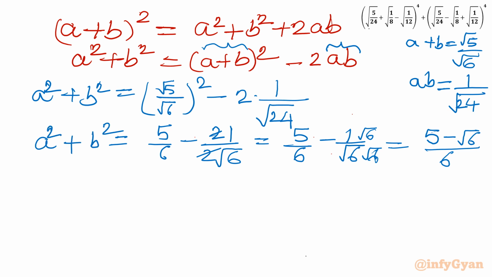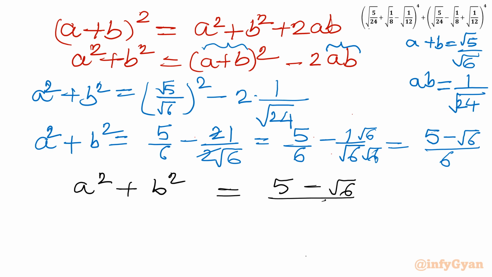Now let us consider squaring once again to find out a power 4 plus b power 4. So let me write here a square plus b square, it is equal to 5 minus root 6 over 6. Now squaring both sides, a square as per formula.